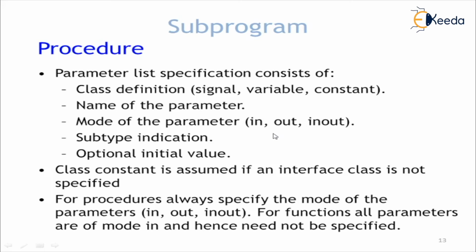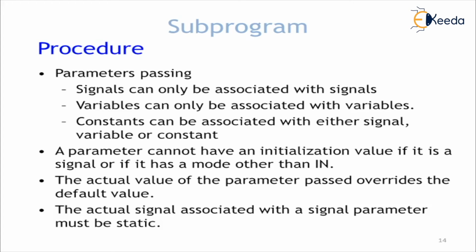For procedures, always specify the mode of the parameter, because in a procedure it is required to define the parameter mode. For functions, all parameters are of type in, so no need to specify the mode. How are these parameters passed? Signals can only be associated with signals. So if in a procedure we have declared a signal parameter, then it can address the signal only.